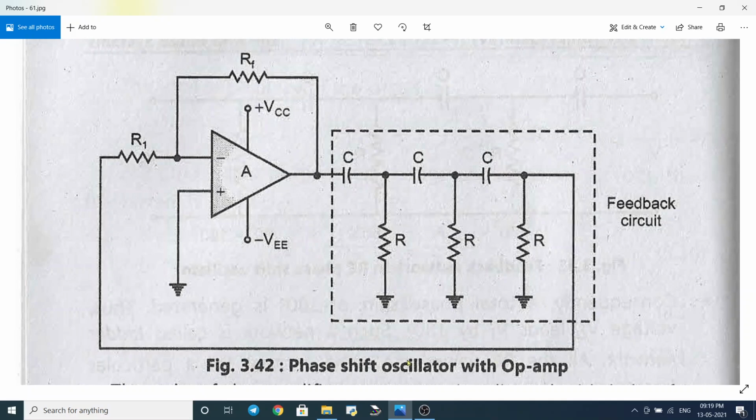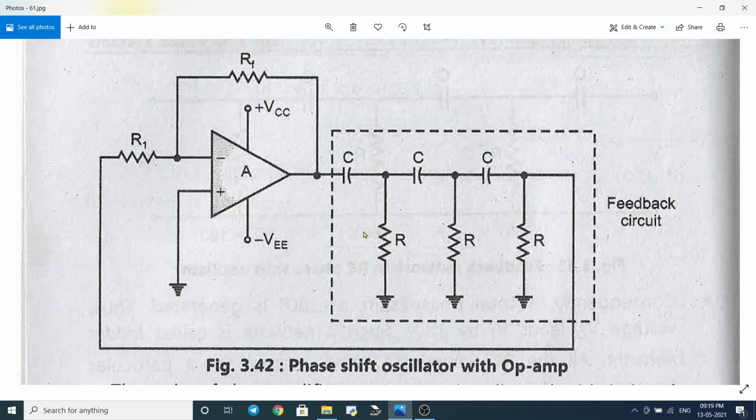The feedback voltage is applied to the inverting input terminal. So the feedback network consists of 3 RC networks. The feedback circuit is shown by this dotted line, and it consists of 3 RC networks.